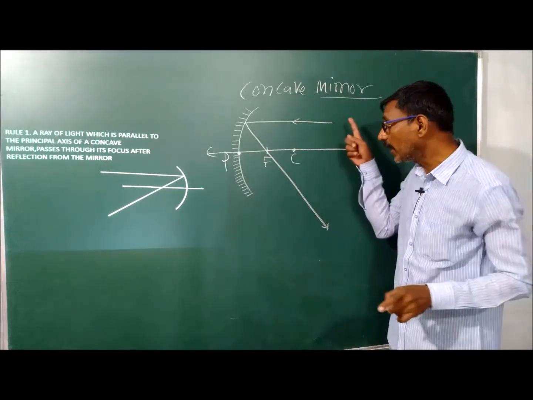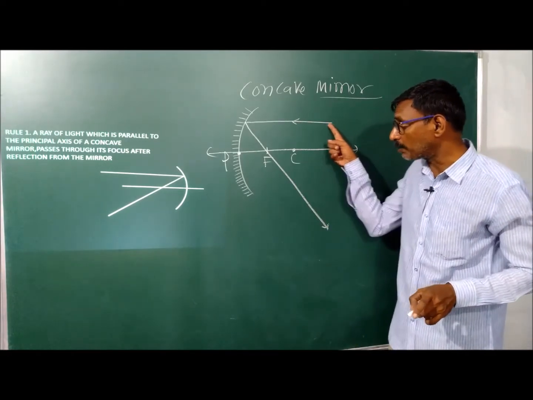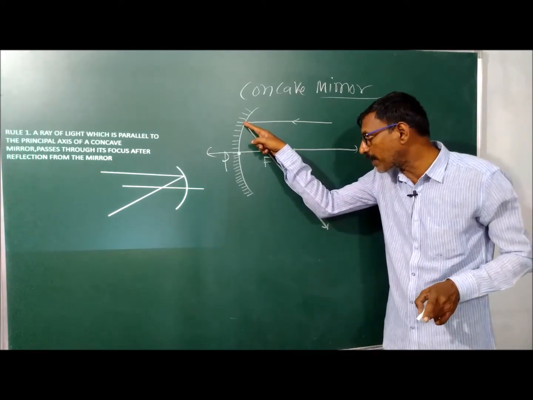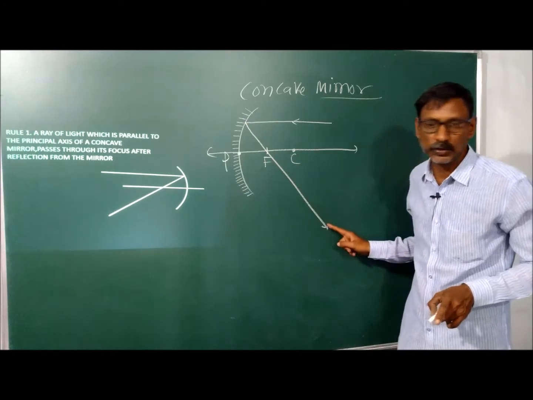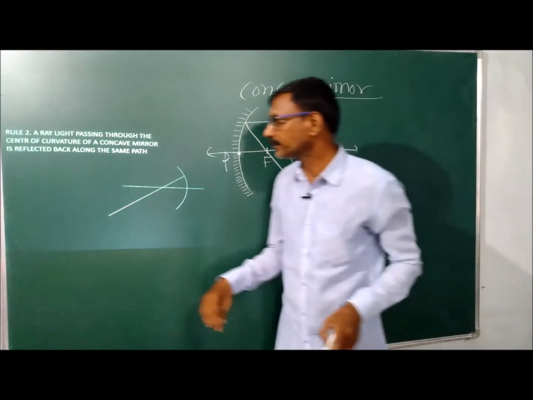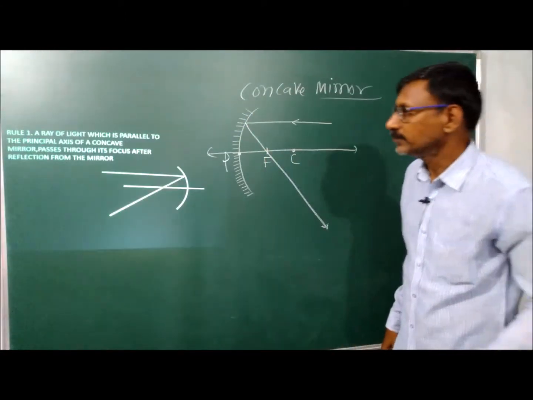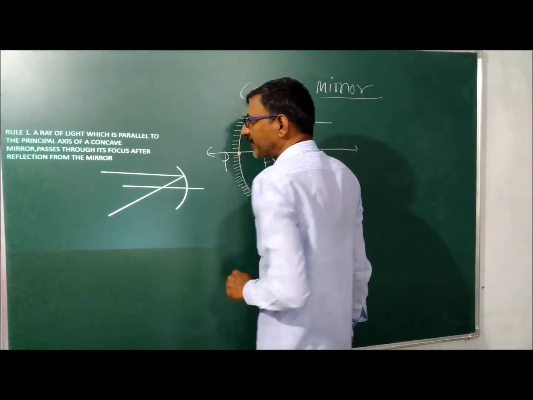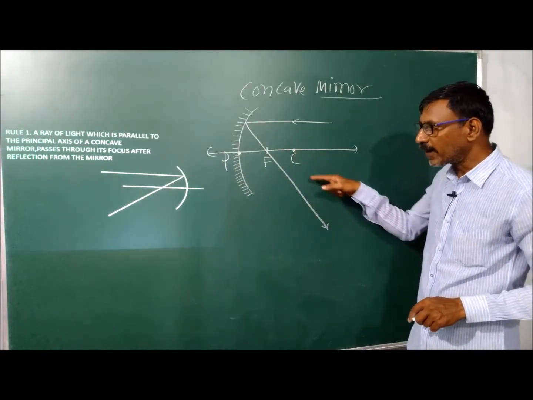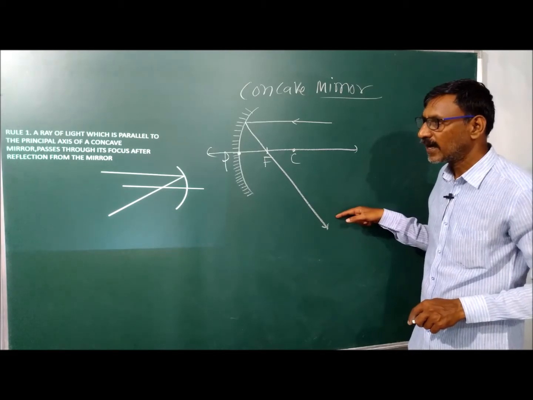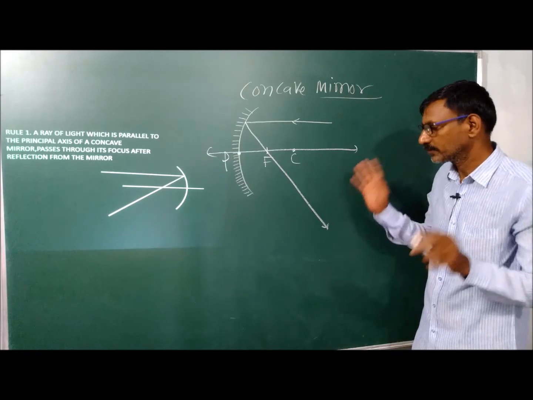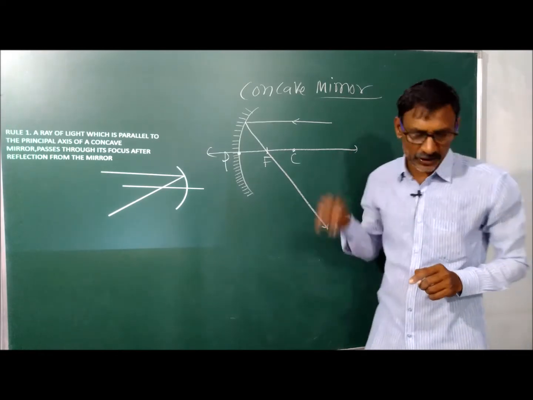Once again, a ray of light which is parallel to the principal axis of a concave mirror passes through the focus after reflection from the mirror.